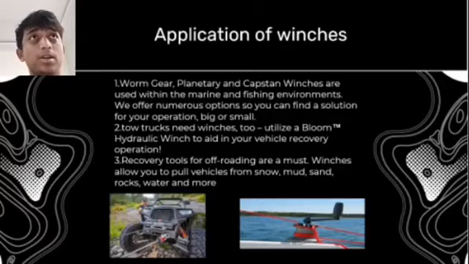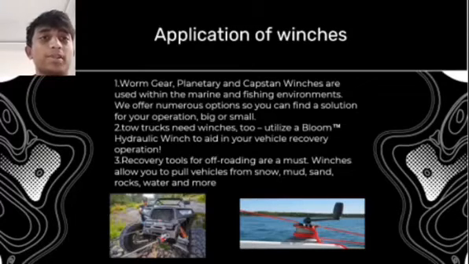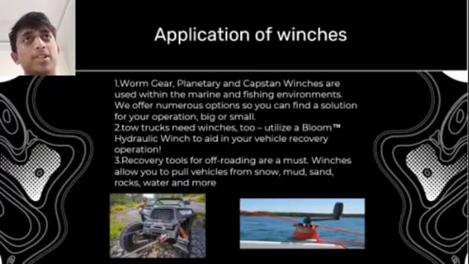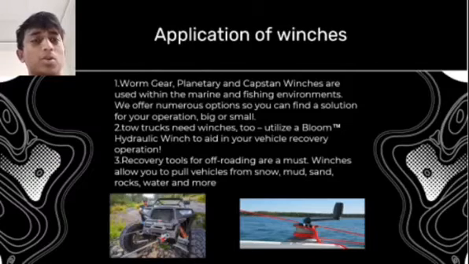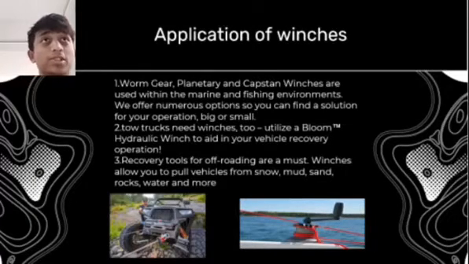What are the applications of winches? Winches have many applications, such as in tow trucks, as I've said, to pull vehicles out of mud and tricky situations, or if a tire is punctured, etc. It can be used even in the fishing industry. Many boats use capstan winches.